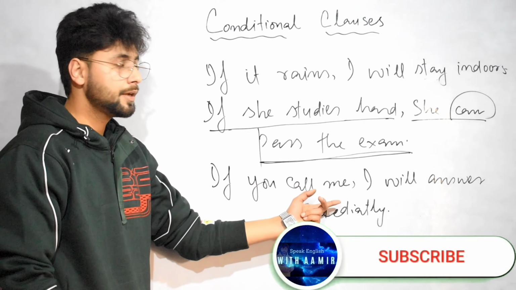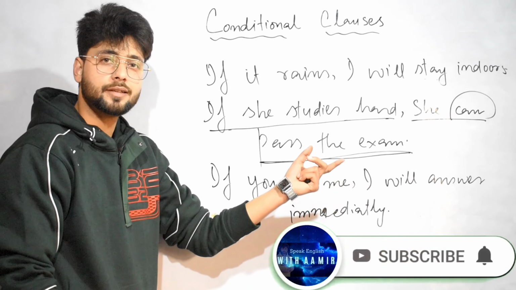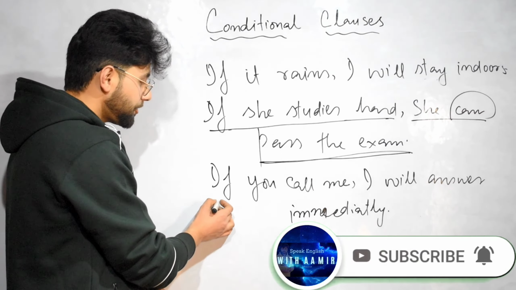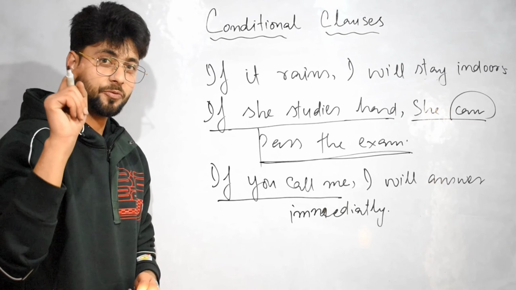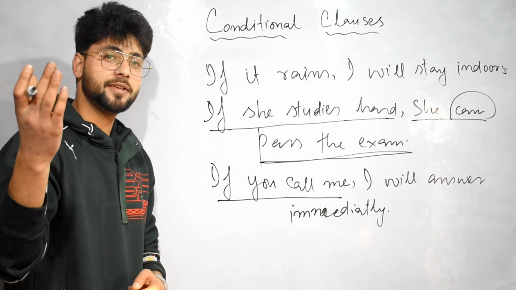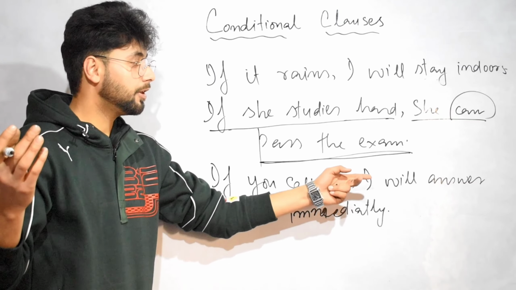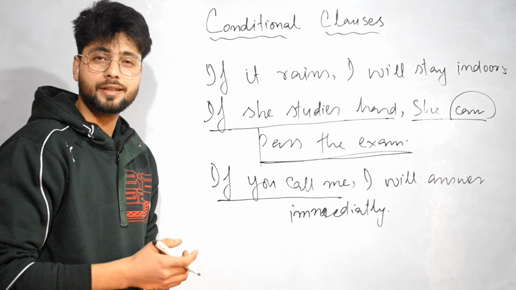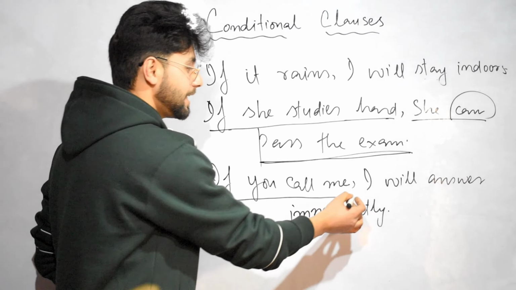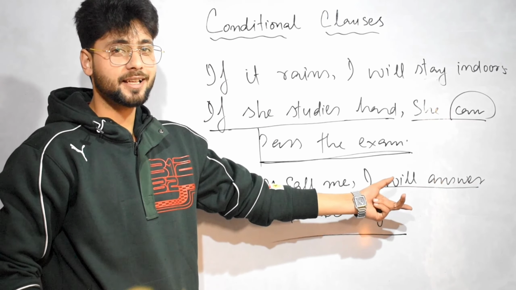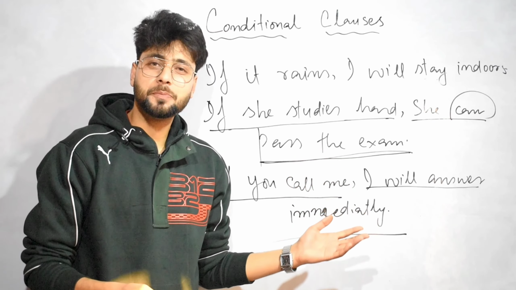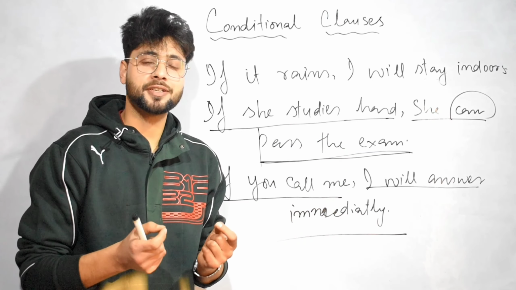So, the condition is this: if you call me. If you call me, I'm definitely going to answer. So, I will answer immediately. So, this is the main clause. And future simple again. Well, this was all about zero conditional and first conditional.